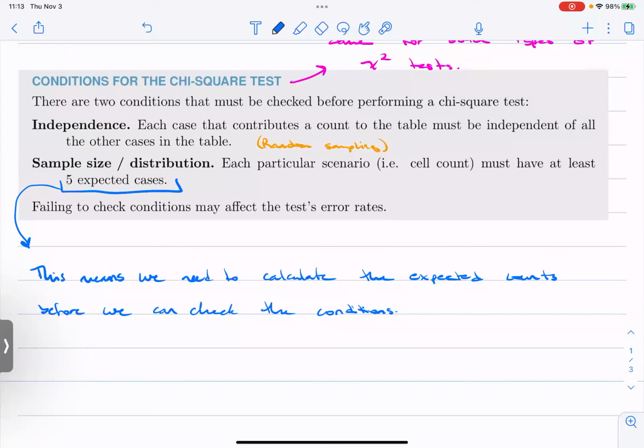That's fine because we'll need those expected counts later anyways for calculating our chi-squared.